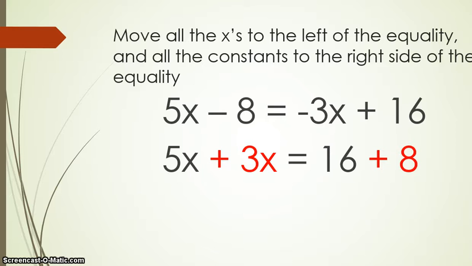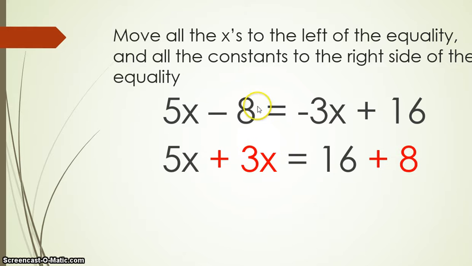Now we move all the x's to the left of the equality and all the constants to the right of the equality. Now what I mean by this is, the first thing I do is I take this negative 3x and I move it to the other side of the equals. And when I move it to the other side of the equals, it becomes plus 3x.